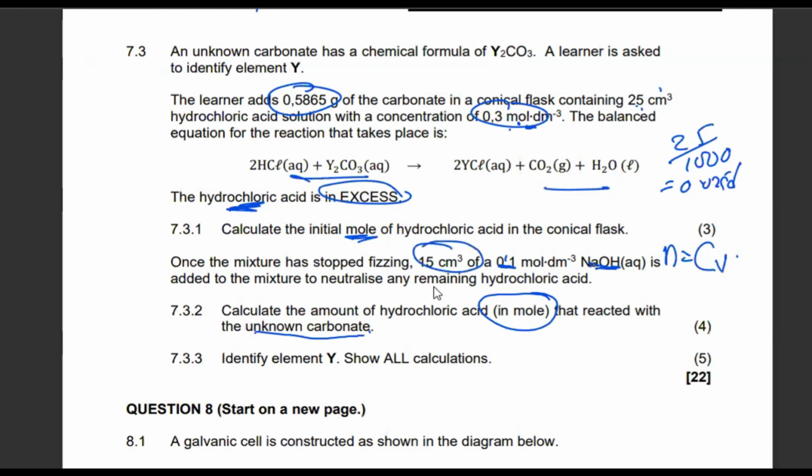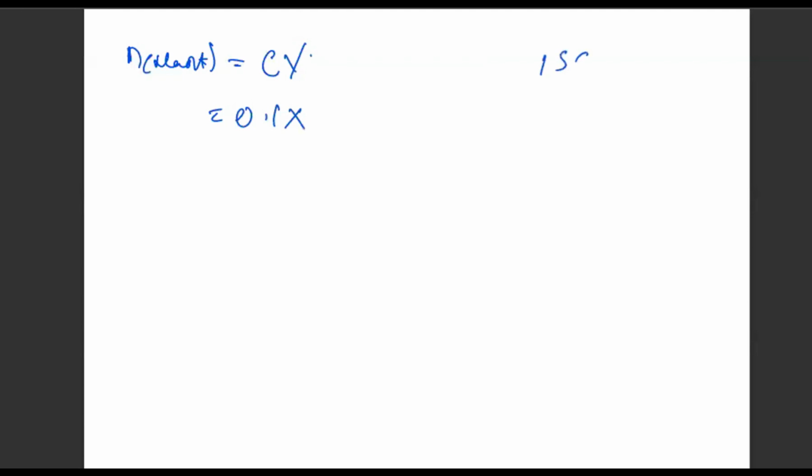So I have to change this: 15 cubic centimeters divided by 1,000 to give it in decimeter cubed, which is 0.015 decimeter cubed. So it is 0.1 times 0.015.